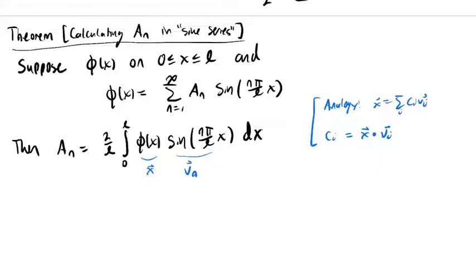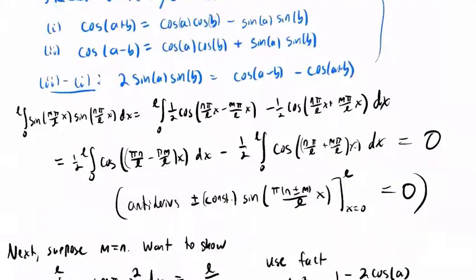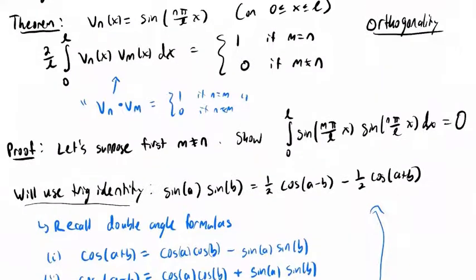This is the analogy. And the integral is like the dot product. The only difference is we have this 2 over L factor here. The reason the 2 over L is there is just because I wanted to integrate to 1 in the formula from the last theorem, so you need to scale by 2 over L. It's a minor thing.